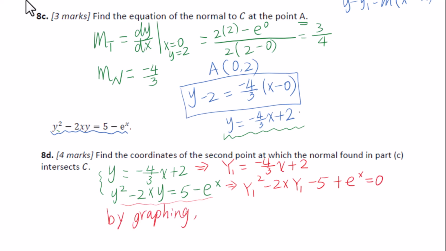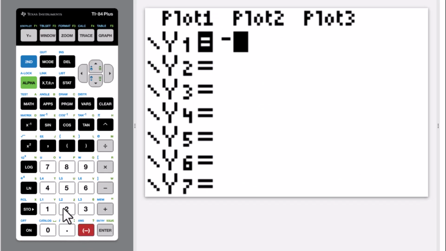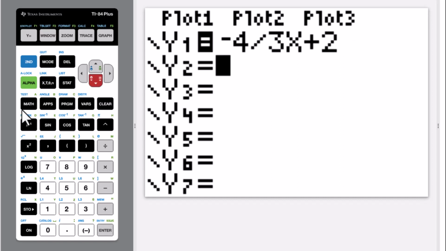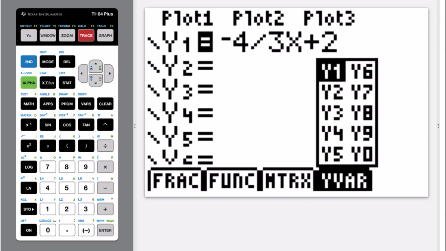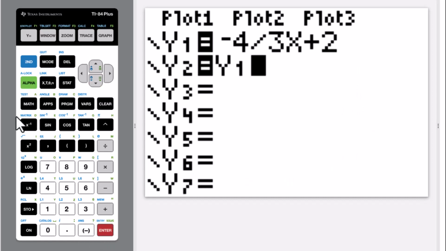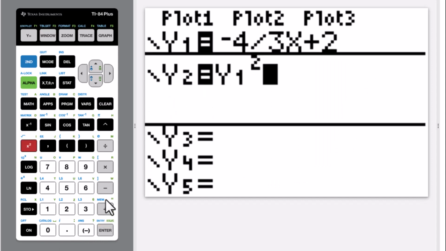Then by graphing, we can figure out the solution. In y2, type y1 squared, minus 2x times y1.